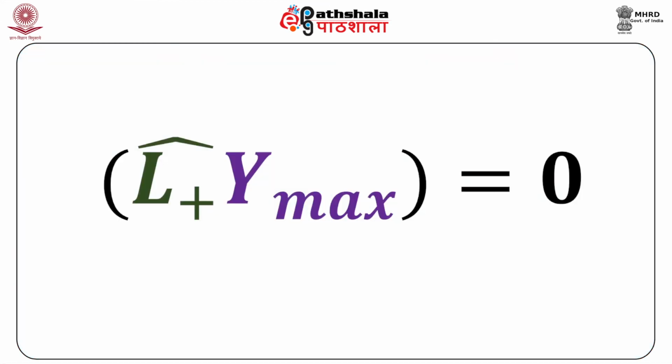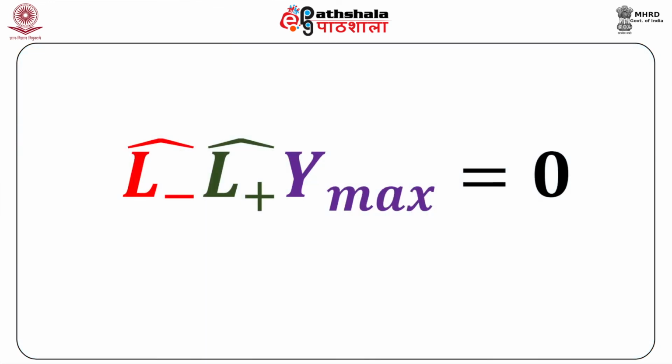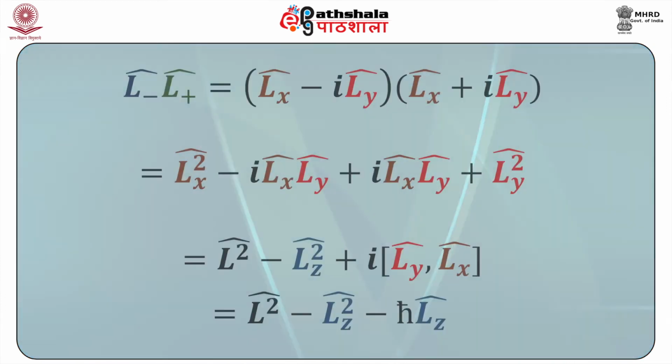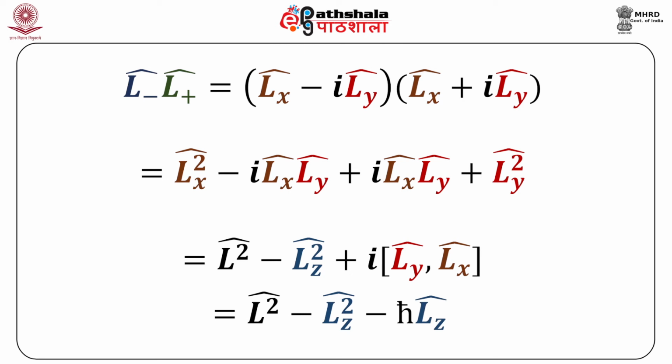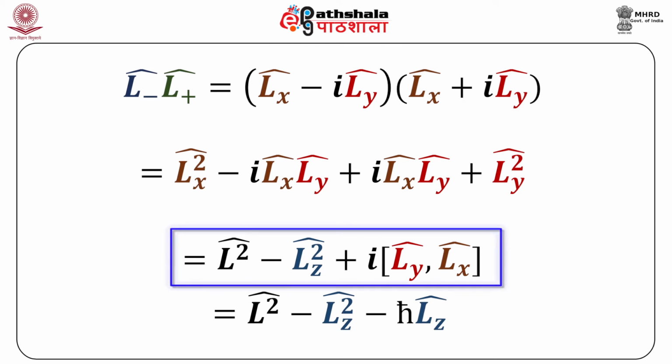Now, the only possibility in this contradiction is that the function L plus ψmax vanishes. That means L plus ψmax becomes equal to 0. Now, operating on this expression with the lowering operator L minus gives us L minus L plus ψmax equals 0, where the multiplication of ladder operators L plus and L minus gives us the expression Lx minus iLy into Lx plus iLy, which on simplification gives us L square minus Lz square plus i times the commutator of Ly and Lx.